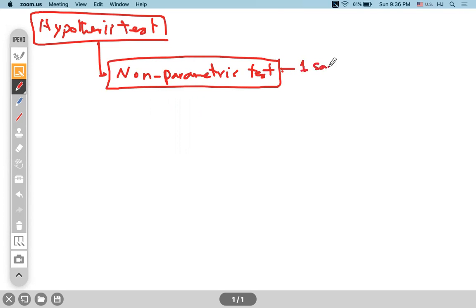One sample, let's say, Wilcoxon test. It could be also Mann-Whitney test.